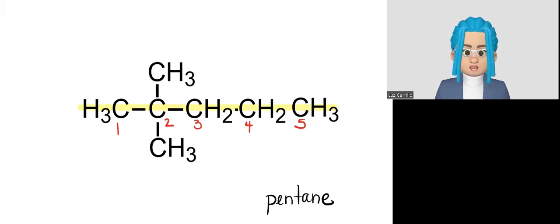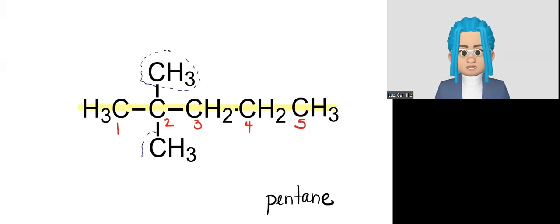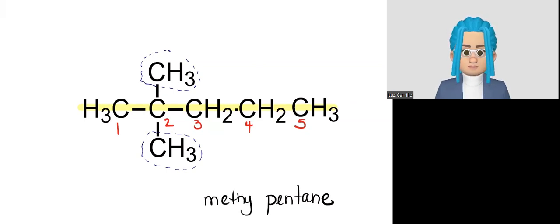Here we have two substituents. We have a CH3 and we have another CH3. So because we have multiple of those substituents, methyl is the name of that substituent.